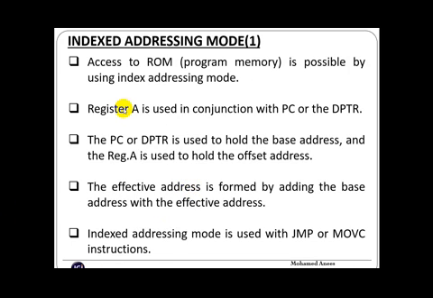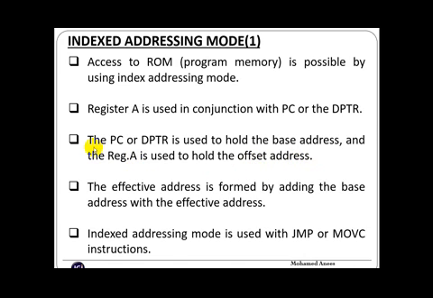The next addressing mode is the index addressing mode, which is used to access the external ROM. So whenever you want to access external ROM, the addressing mode used is index addressing mode. So what happens in index addressing mode is you will have a base register, to that you add the offset.